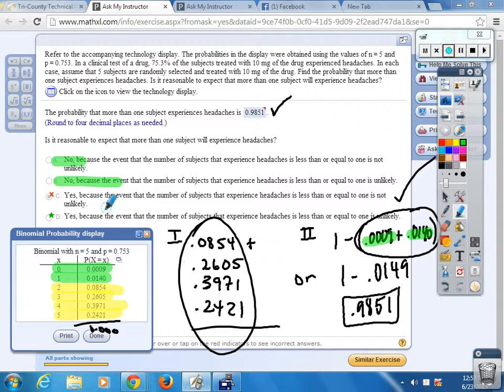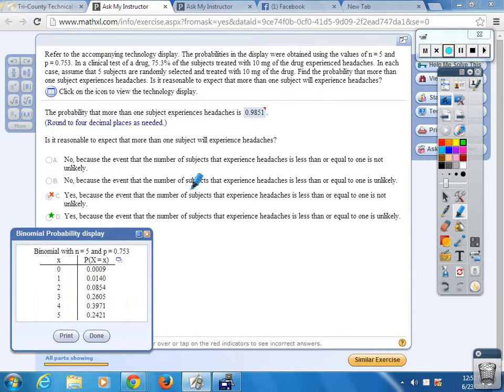So, yes, because the event that the number of subjects that experiences headaches is less than or equal to 1 is not unlikely, or yes, because the event that the number of subjects is less than or equal to 1 is unlikely. That doesn't even make sense. No, it doesn't. Okay, let me look at that again.